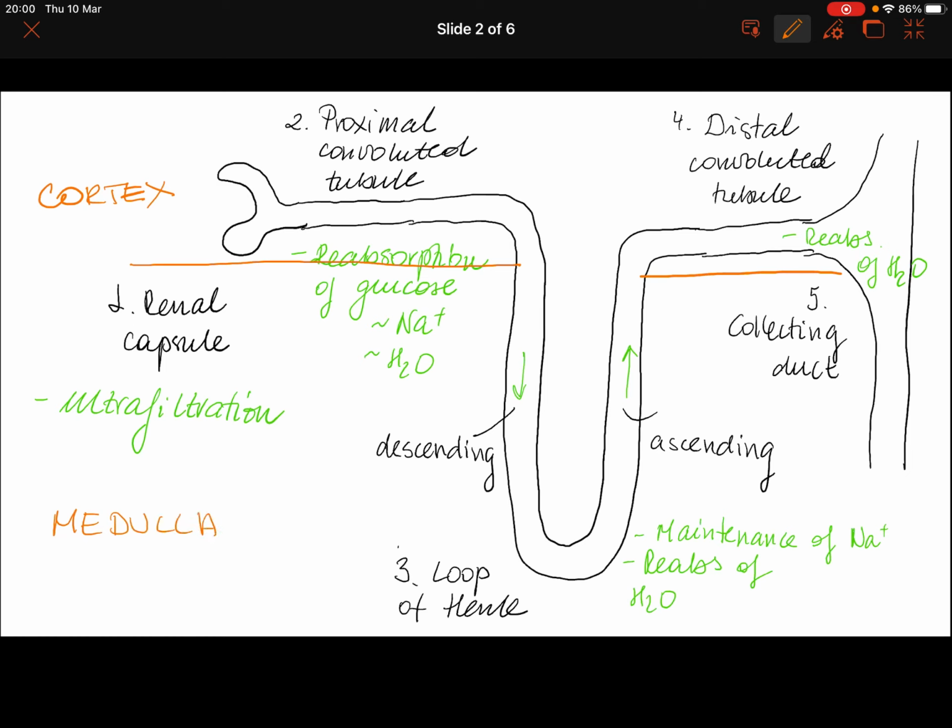Okay, in the next parts of this quick revision session, we will be looking at the processes that are taking place in each of the parts of the nephron. So we will move on to the renal capsule.